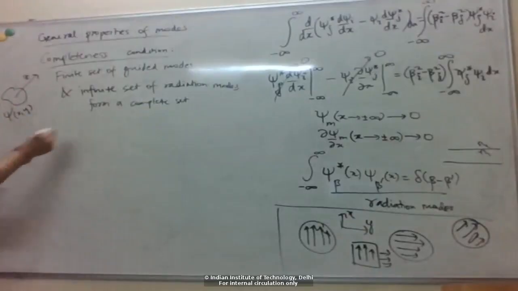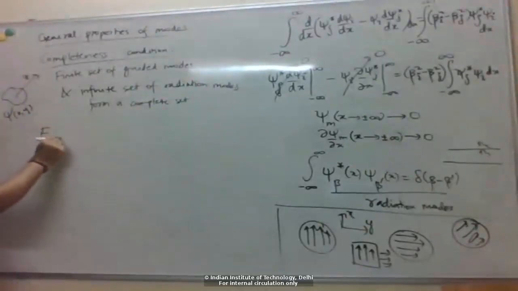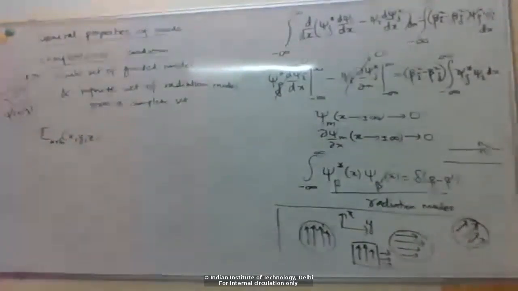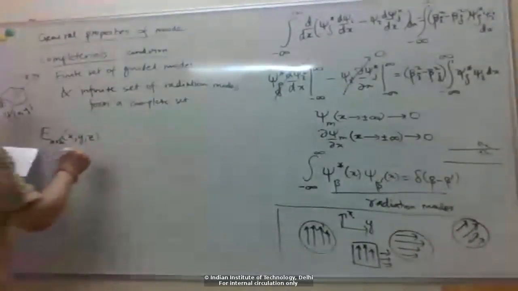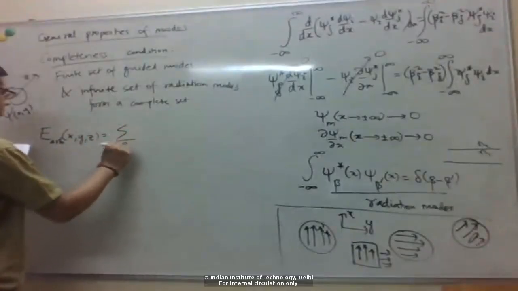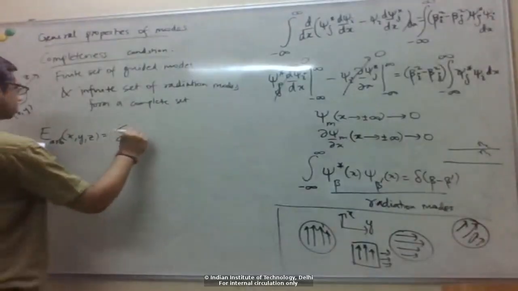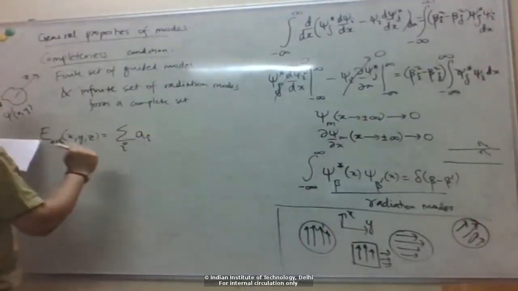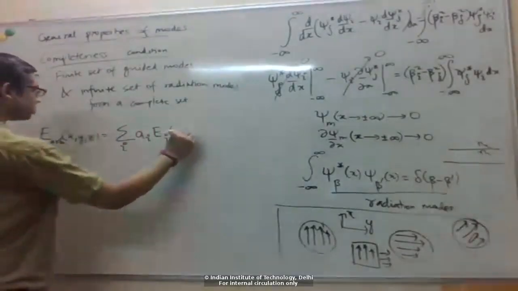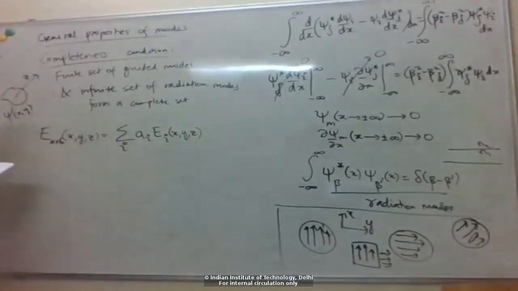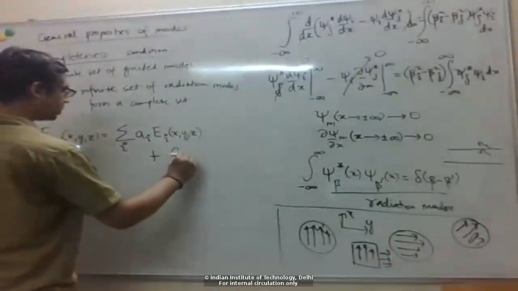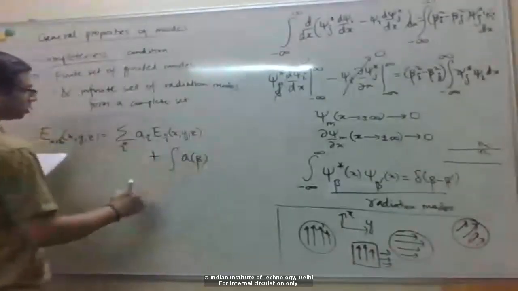Right, which means that I take any arbitrary function in space, I can write it as a superposition of the guided modes, so a sum over the guided modes with some coefficient a_i, and a superposition over the radiation modes.